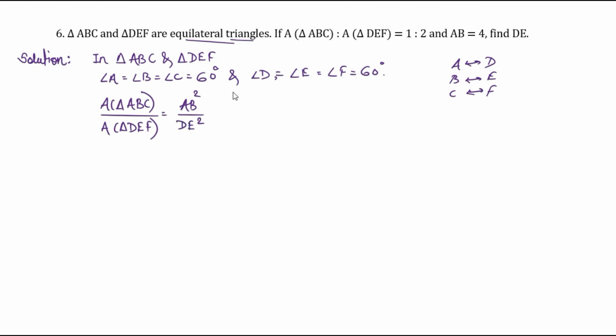I am writing D because I am considering A corresponds to D, B corresponds to E, and AB corresponds to DE. Okay, this is according to the theorem of areas of similar triangles.